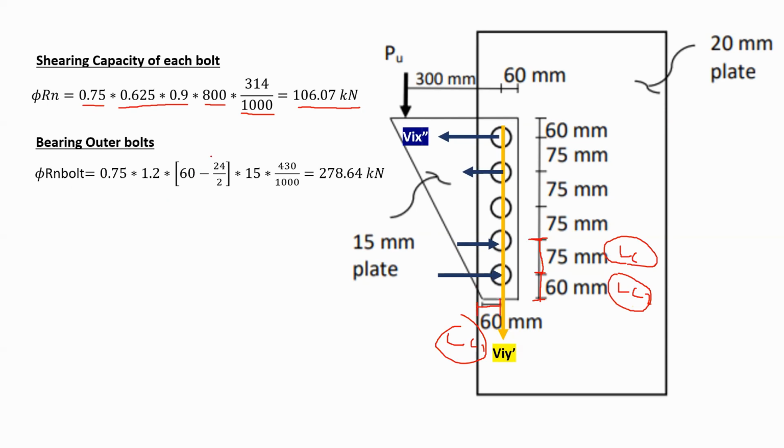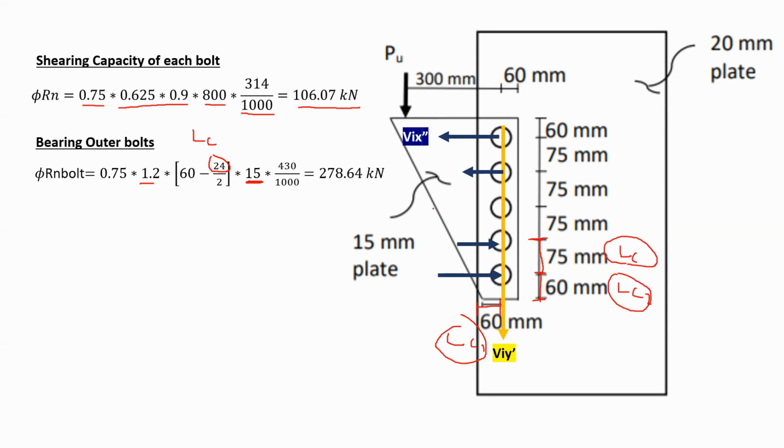Now I consider the hole size 24 divided by 2, and that's the distance 60. 60 minus 24 divided by 2, that's my LC, the clear distance. And as we know, multiplied by 1.2. Now I have to consider the thickness of a plate to multiply with. So in here I say 15.